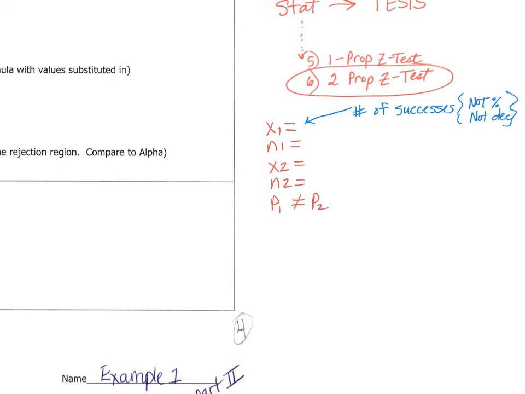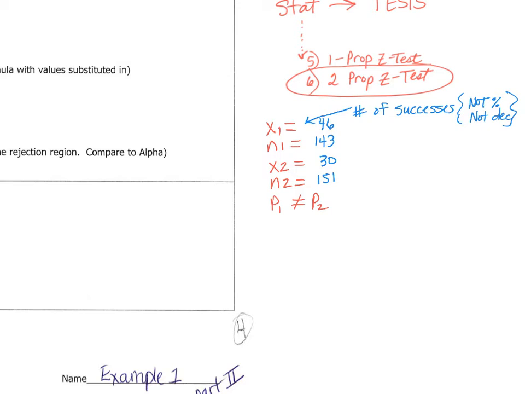But this problem has a whole number of successes. How many successes did group 1 have? 46 should be put right there, and then 143 is the number in the sample. Group 2 had 30 successes and 151 in the group. Now, let's take a look at this next line.